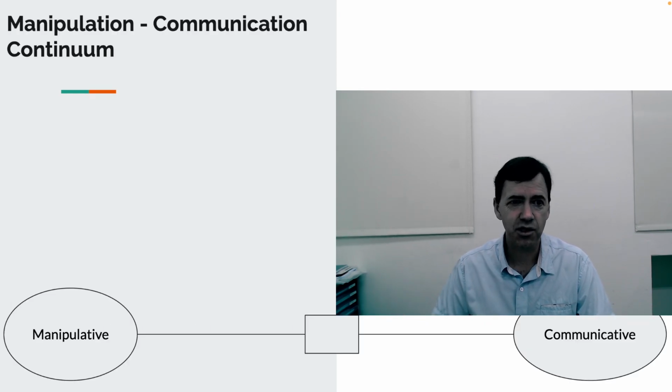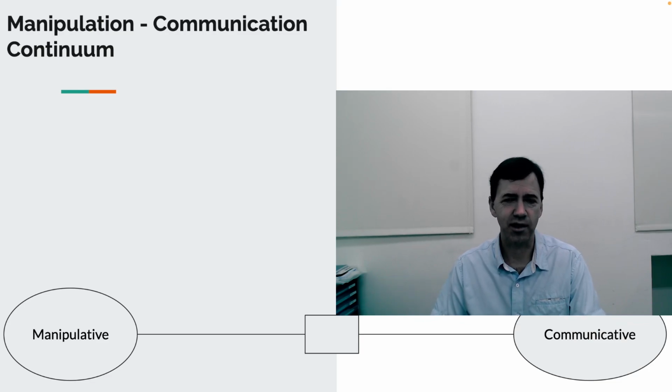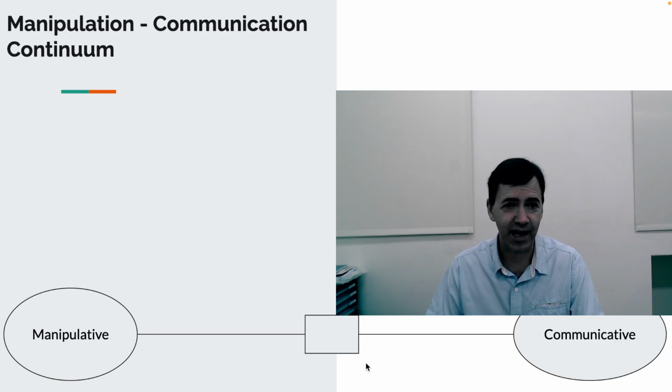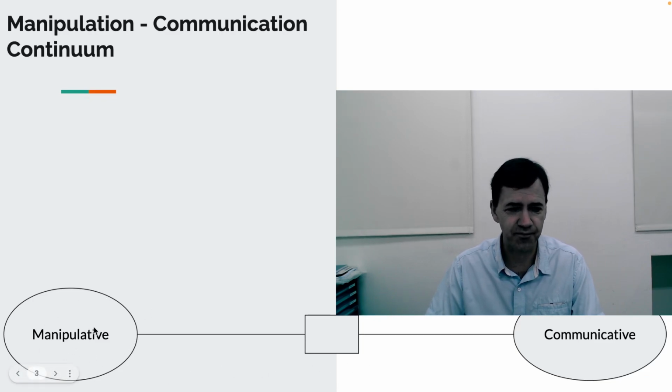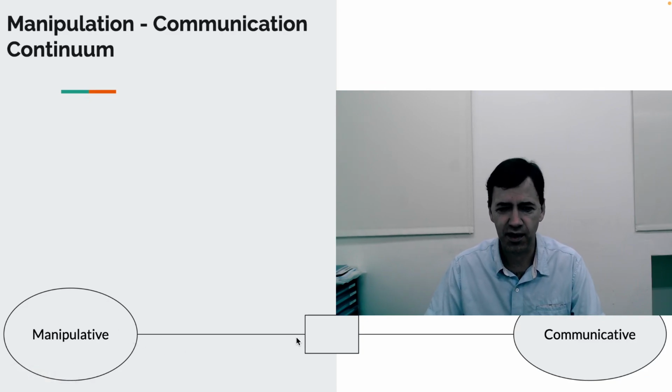Okay, so the first thing I want to talk about in terms of techniques is what is called the manipulation communication continuum. You can imagine that this little square can be pushed over to the manipulative side and then can be pushed over to the communicative side. Here we're talking about tasks or techniques. Manipulative is more where they're teacher controlled. The teacher controls the input, the teacher controls the output.